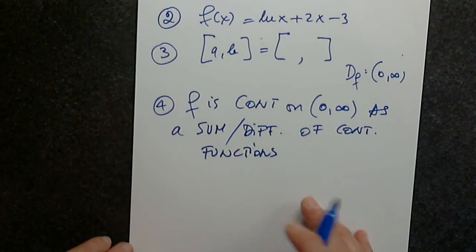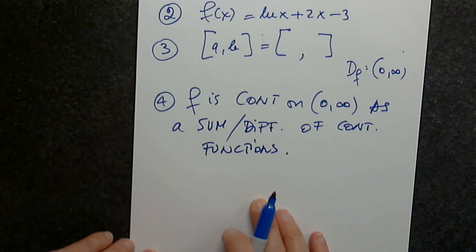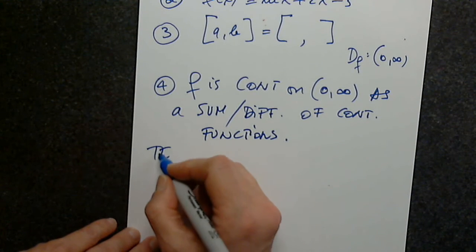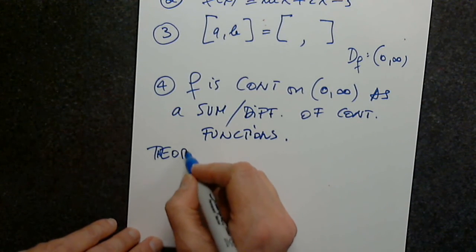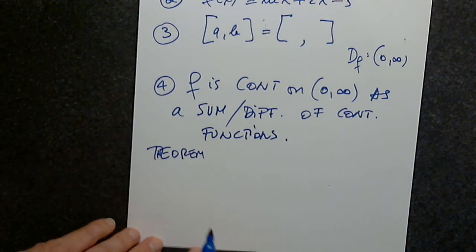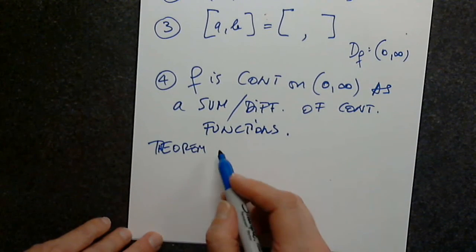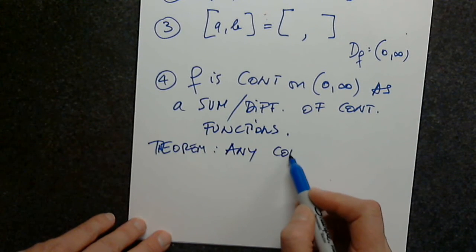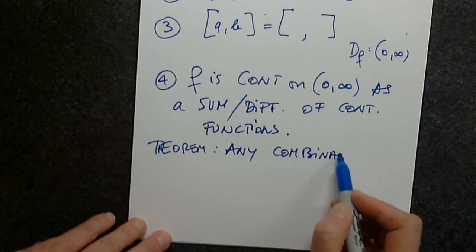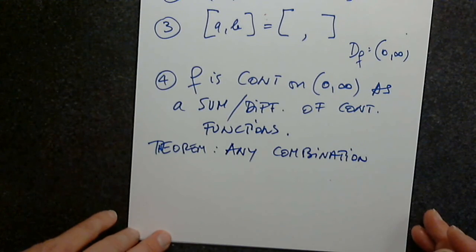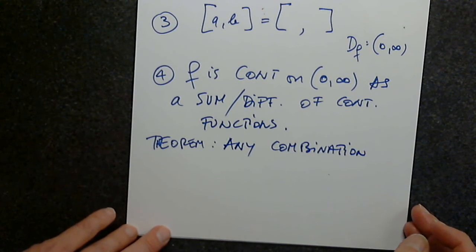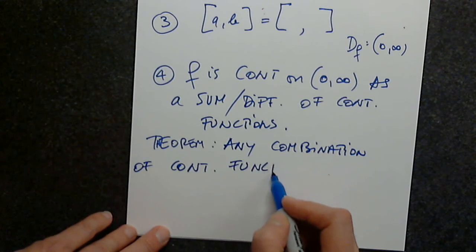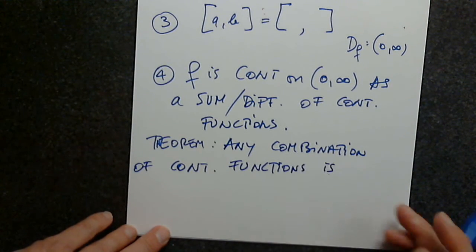So here I would like to refer back for a second. We did not write this theorem. It's time for us to write it right now. Theorem: any combination, sum, difference, product, ratio, that's what I meant by combination, of continuous functions is continuous.